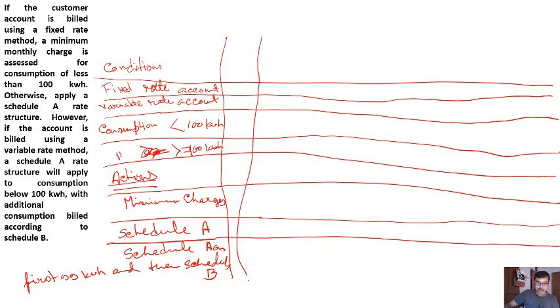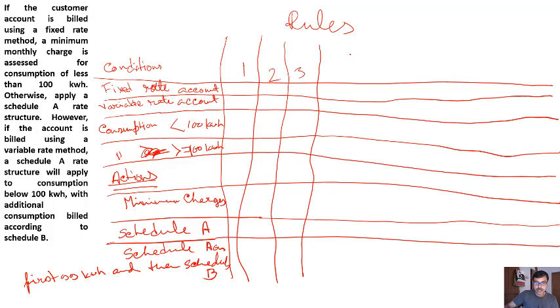Now we have to write the rules. These are the rules available: Rule 1, Rule 2, Rule 3, Rule 4. This is a small problem. Now we have to find out what the first rule was.